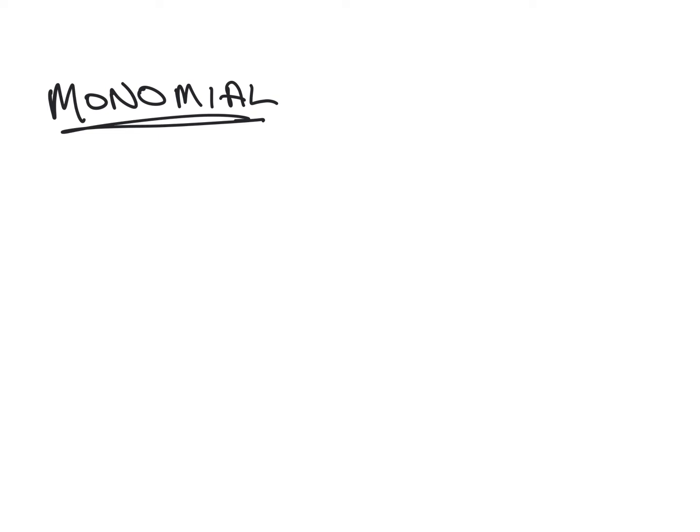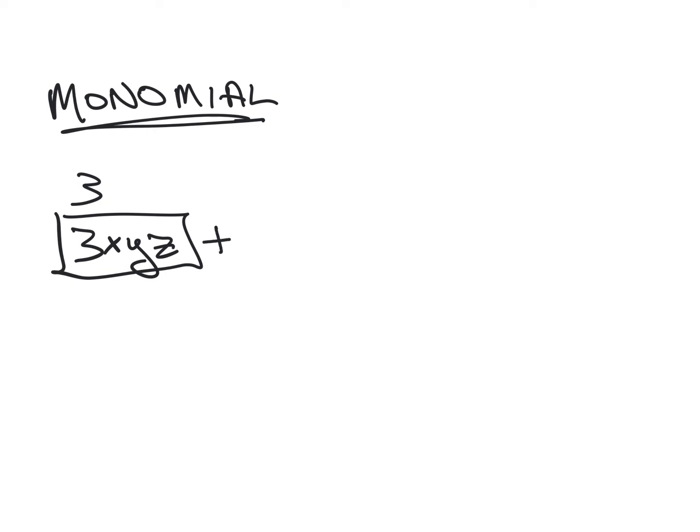And a term is, for the most part, a constant. A constant is just a number, or the product of a constant and one or more variables. Those are all like terms, or that's a term. Okay? So usually terms are separated by a plus or a minus sign.